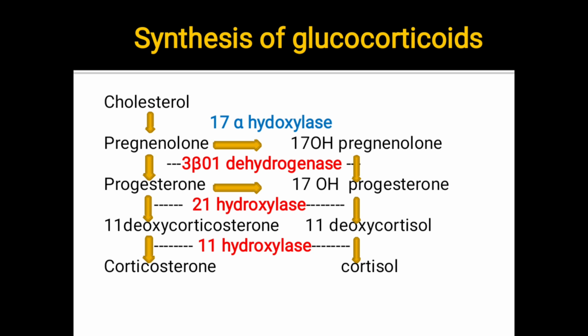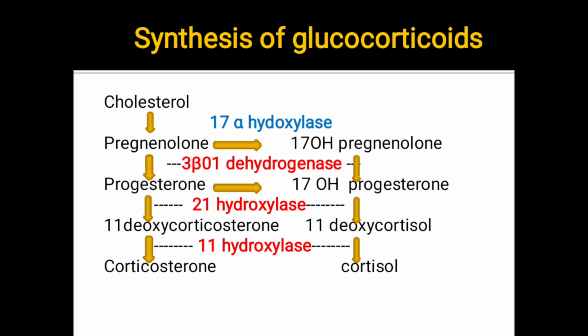Now, the pregnenolone enters the endoplasmic reticulum and gets converted into progesterone by the enzyme called 3 beta hydroxysteroid dehydrogenase. Now, this pregnenolone and the progesterone can be converted to their respective 17 hydroxy components, that is 17 hydroxy pregnenolone and 17 hydroxy progesterone, by the enzyme called 17 alpha hydroxylase.